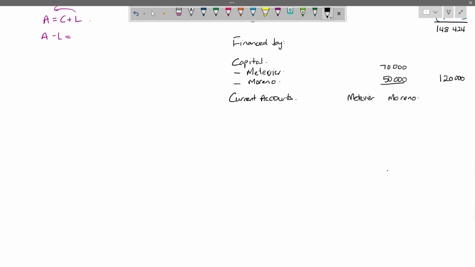So we don't have any opening balances for these guys. Usually if we do, we would include the balances here. That was not the case.